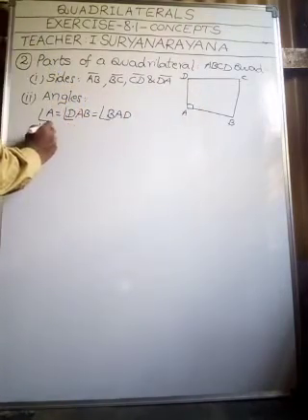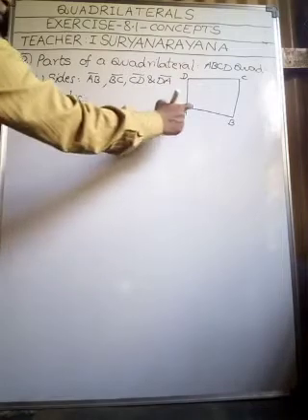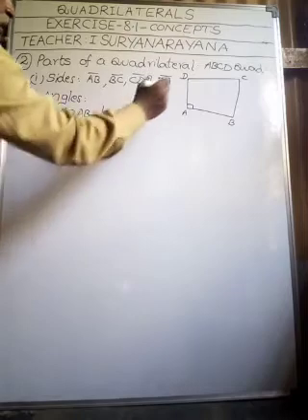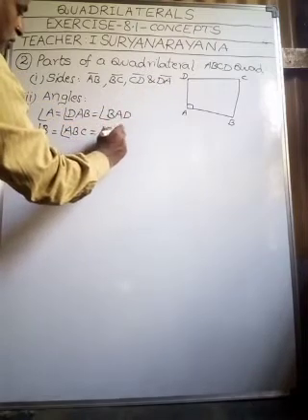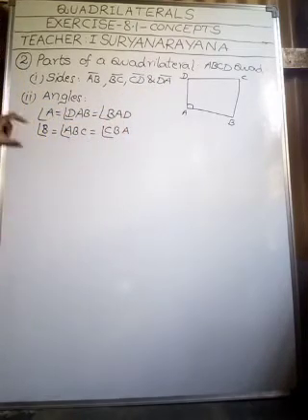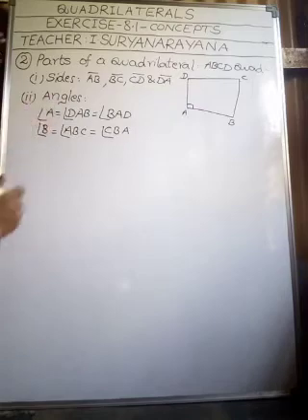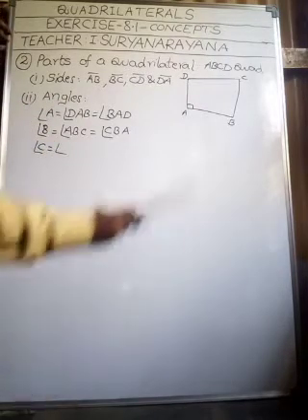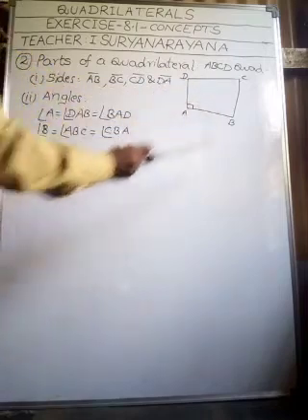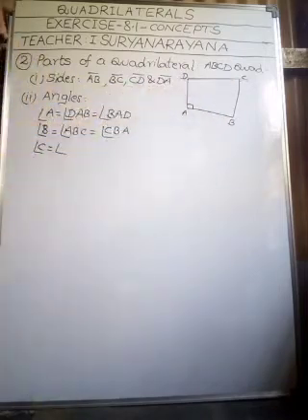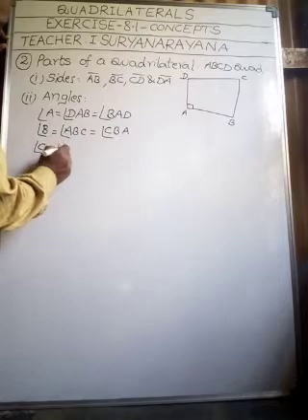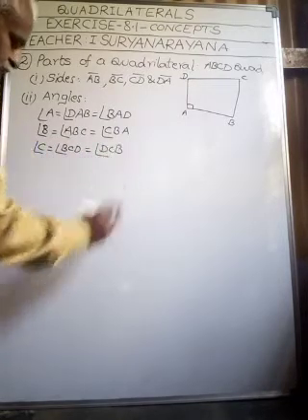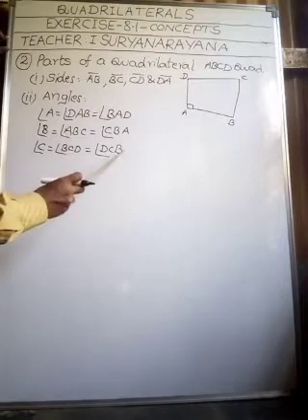Similarly, angle B can be written as angle ABC or angle CBA. This is another angle. Similarly, angle C. How can you write angle C using three letters? Angle BCD or angle DCB. Okay, my children, understood this point.